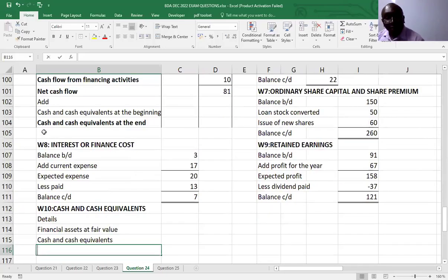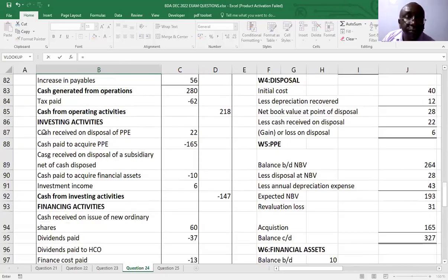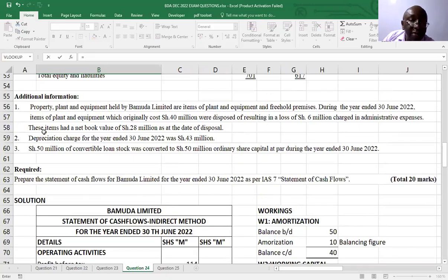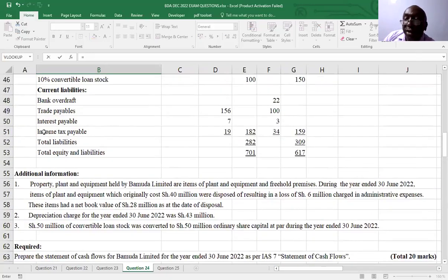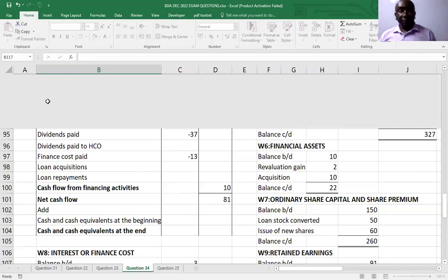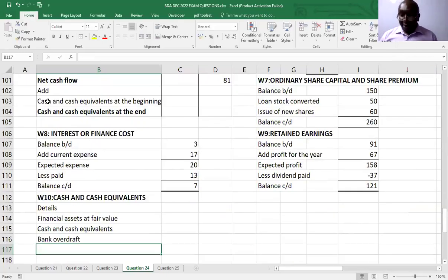Yule mwingine anastahili kuingia hapo. Ukikuja hapa kwa current liabilities, hatujaguza bank overdraft. Wengine tumeguza payables, interest payable, income tax. Yes. So the bank overdraft.